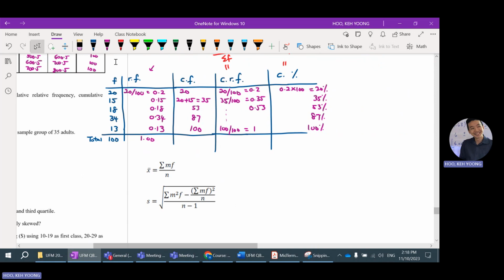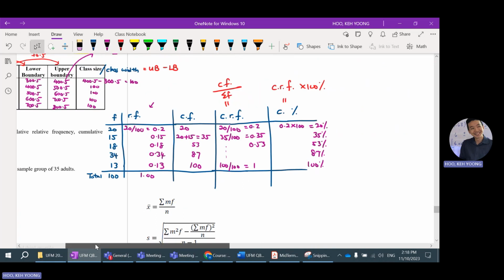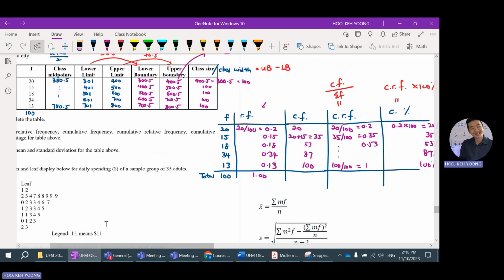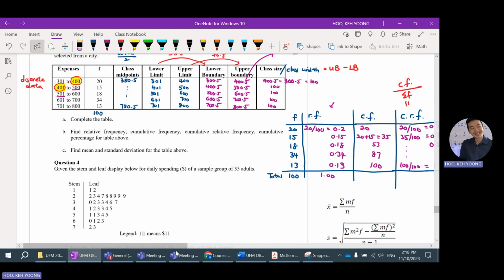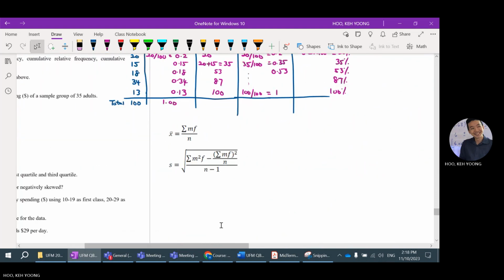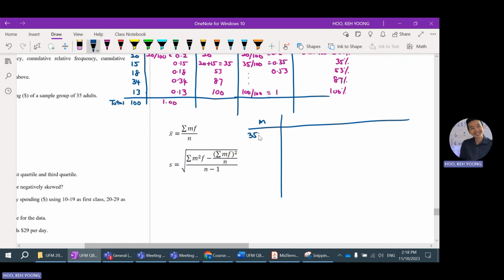You got your midpoints just now already here, 350.5, 450.5. Let me reconstruct the table again, 350.5. Frequencies are already given.